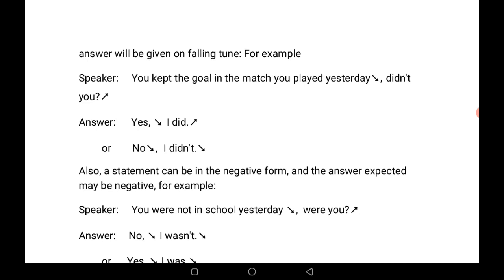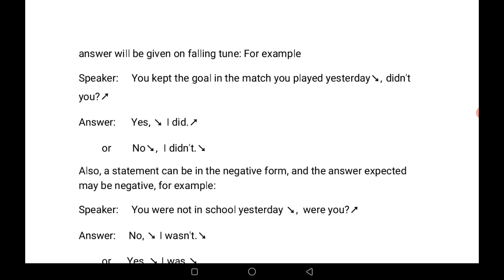Just like when you have it in your mathematics, plus times minus. So when you have a positive statement, you have a negative question tag. But when you have a negative statement like this, you were not in school yesterday, you're going to have a positive question tag. Were you?